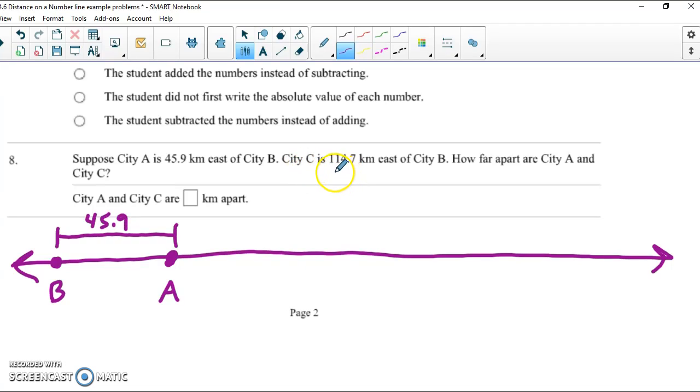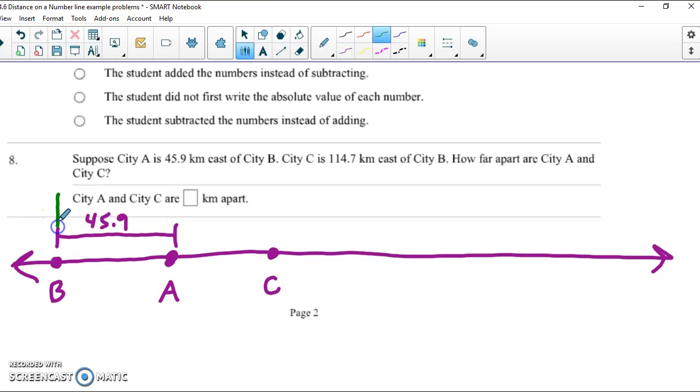City C is 114 and 7/10 kilometers east of city B. So city C is further east than A is. So let's put C over here somewhere, and this is not drawn to scale.